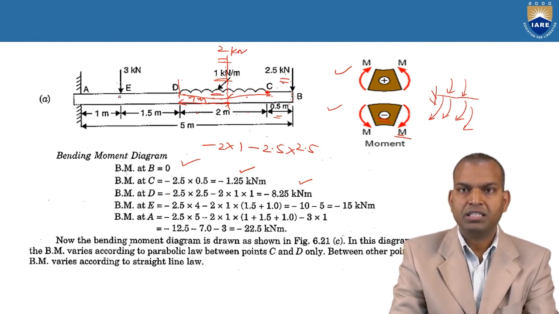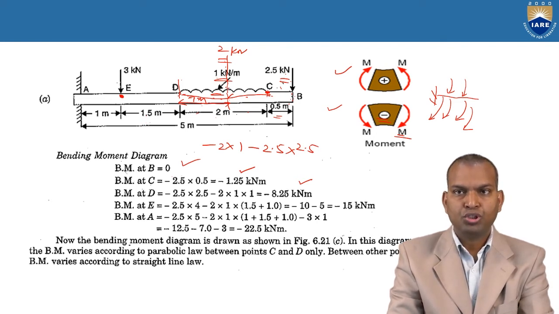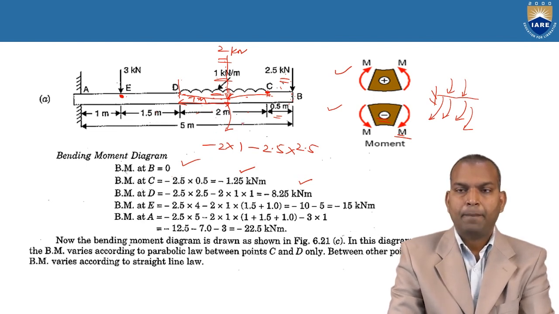The next point is E. At this point, again the UDL is acting and point loads are acting, but the distance is increasing. The UDL is 2 kilonewtons, negative 2 kilonewtons. This is 2 kilonewtons downwards. 2 into what is the distance from this point of action to point E? That is 1.5 plus 1, 2.5. 2 into 1.5, minus 2.5.